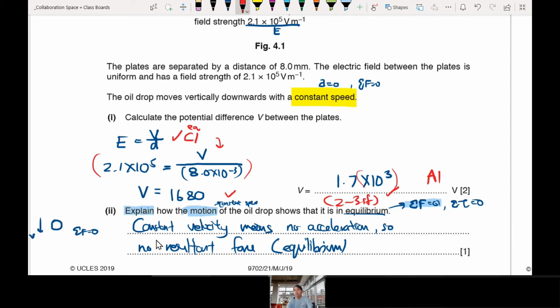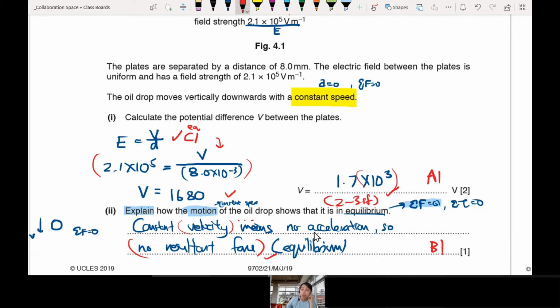So if you look in your solution, how do you find where to mark? The first one is to look out for constant velocity means no resultant force. You make a link: constant velocity, no resultant force. Then that's one mark. If you didn't mention acceleration, that's okay. They assume you know the link from velocity to resultant. So check if you mentioned no resultant force.